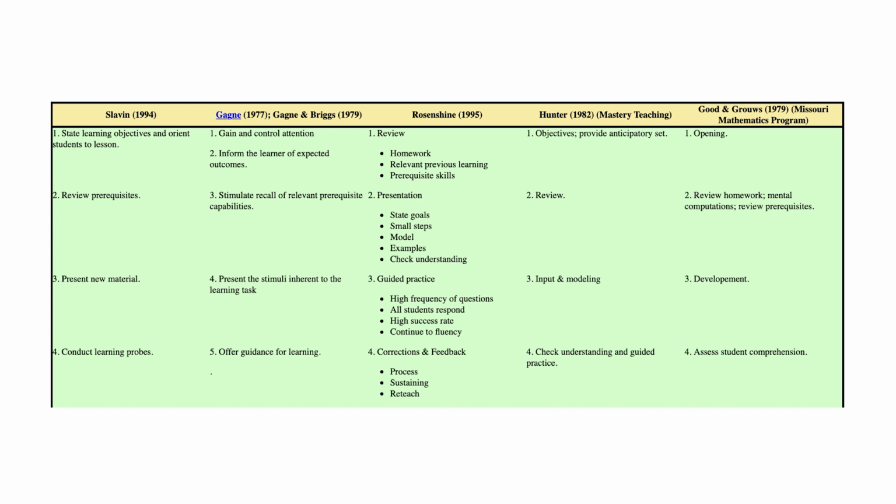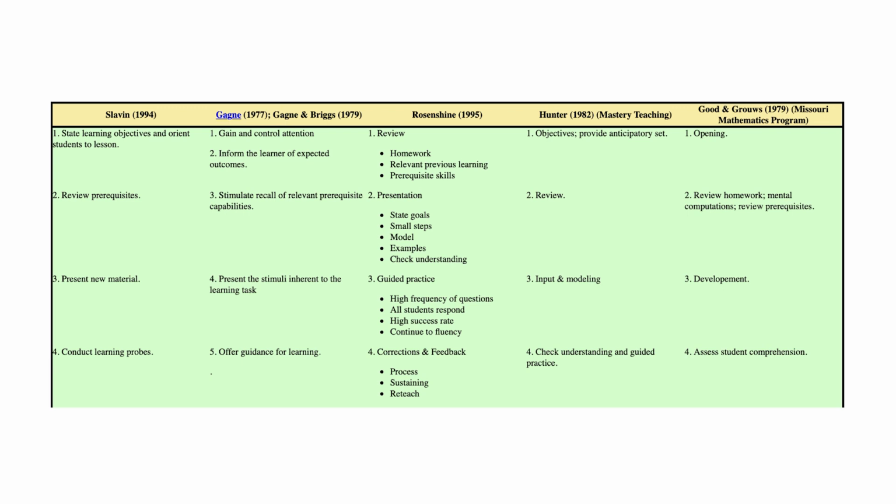King and Bridge also propose several direct instructions. They are gain and control attention, then inform the learners of expected outcomes, stimulate recall of relevant prerequisite capabilities, present the stimuli inherent to learning tasks, and offer guidance for learning.